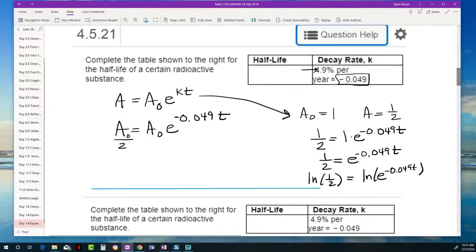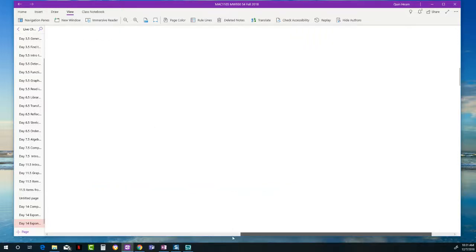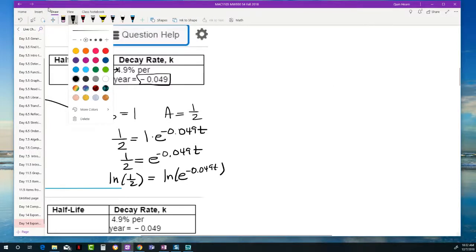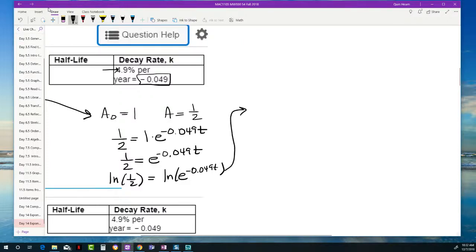Okay, and then whether you think of it as bringing the power out front and the natural log of e is 1, or you think of it as the log base e canceling with the e, either way, this equation becomes the natural log of 1/2 equals negative 0.049t.